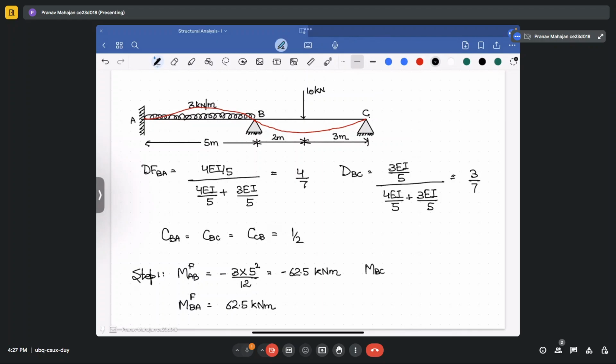Your MBCF will be coming out to be minus 7.2 kilonewton meter, and your MCBF is coming out to be 4.8 kilonewton meter.